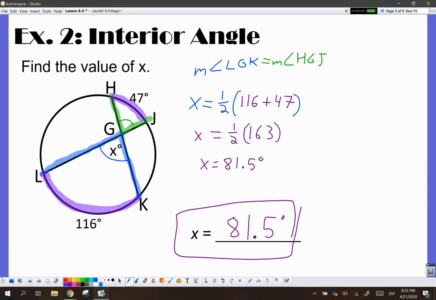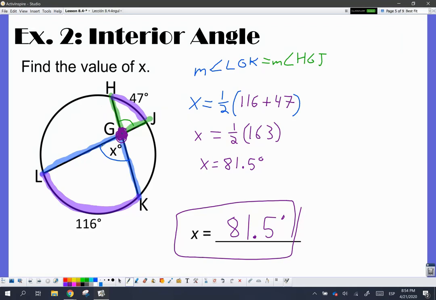Again, the thing to remember here is that, first of all, this formula is used with interior angles, which means that my vertex for the angle has to be somewhere inside the circle and not on the circumference. Second, I need to be able to find which are the arcs that I'm going to be adding together, and that depends on which angle I'm looking for.